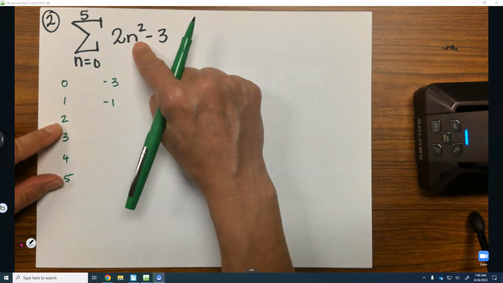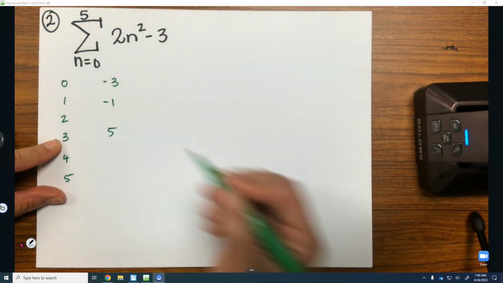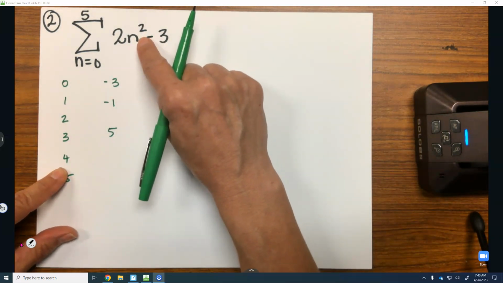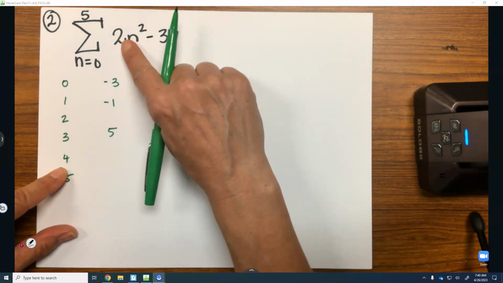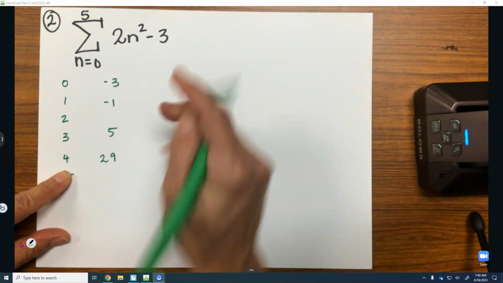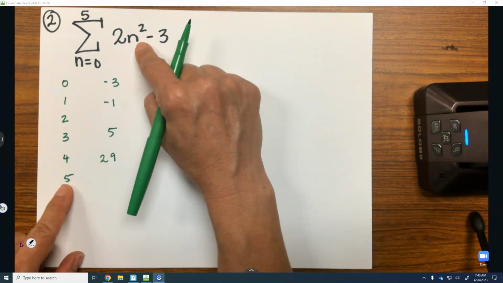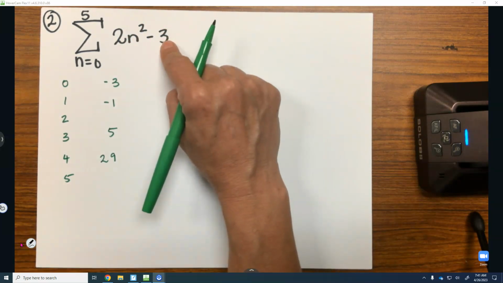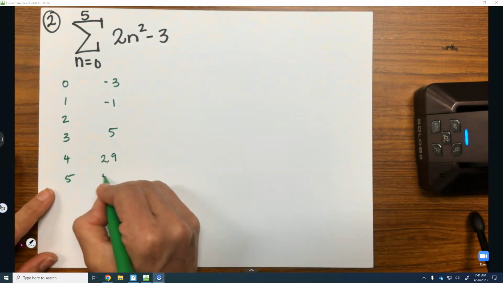When I plug in a 2, that is going to be a positive 5. When I plug in 4, let's see, 16 times 2 is 32. 32 minus 3 is 29. And then this is going to be 25 times 2, which is 50. And then 50 minus 3 is going to be 47.